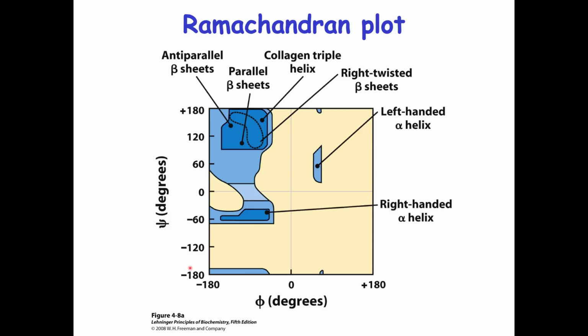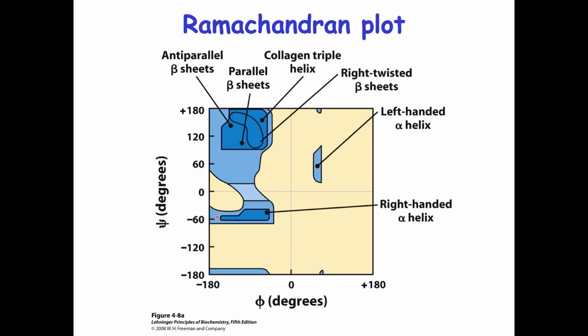So here are values of phi and psi for various allowed secondary structures, and it's been overlaid with the previous plot that we saw for alanine. So this large plot is alanine here.